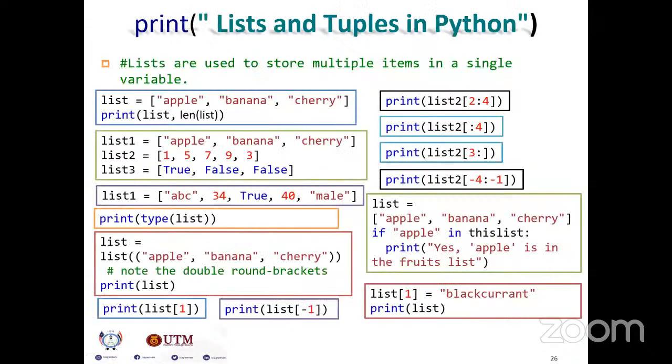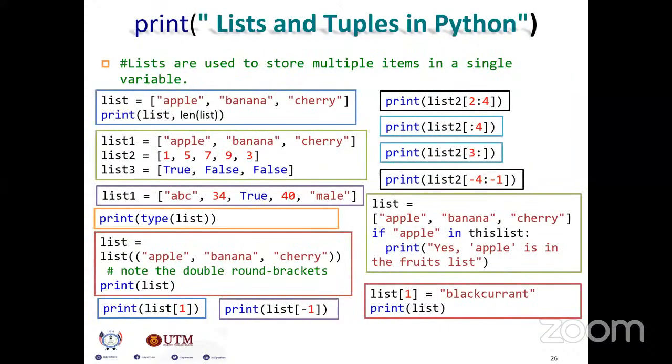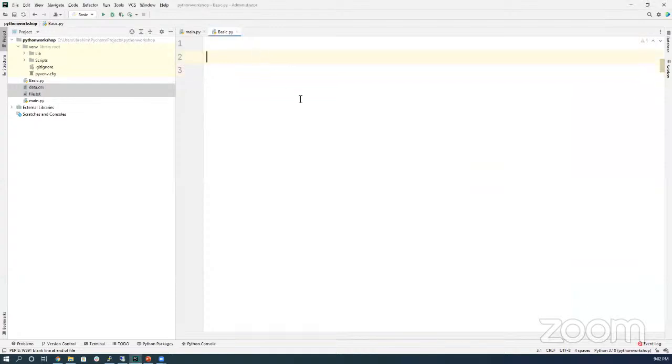Okay, first we will start with the list. Let me open my PyCharm. How to define the list? Yesterday we talked about the list. It is one of the data types, and we can give it any value.